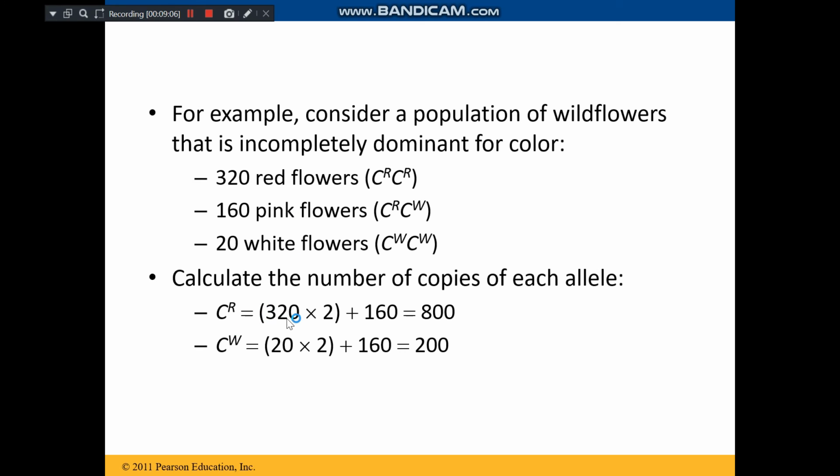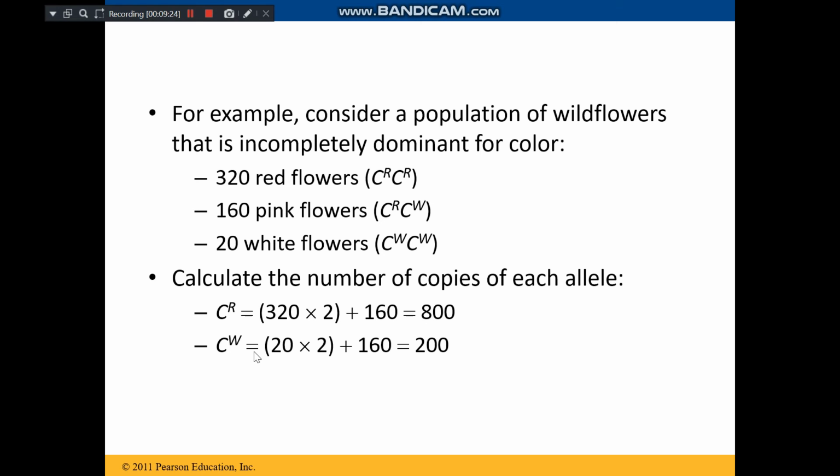So with 350 homozygous, 350 into 2 plus 160 will give you 800.